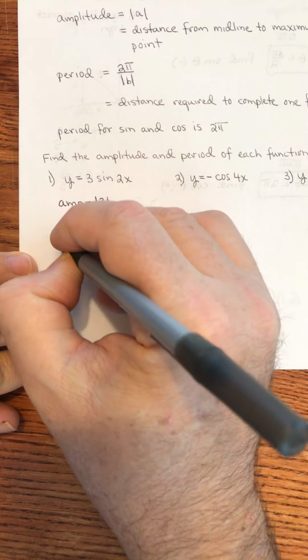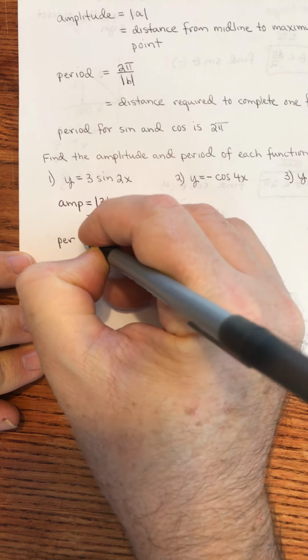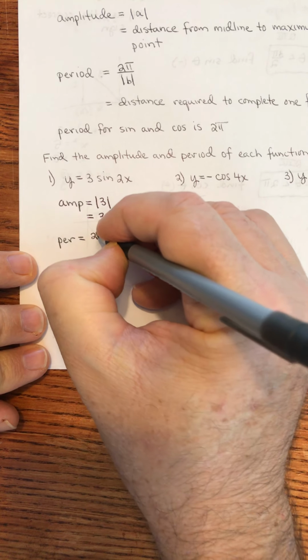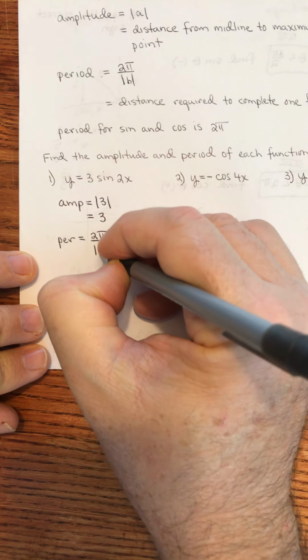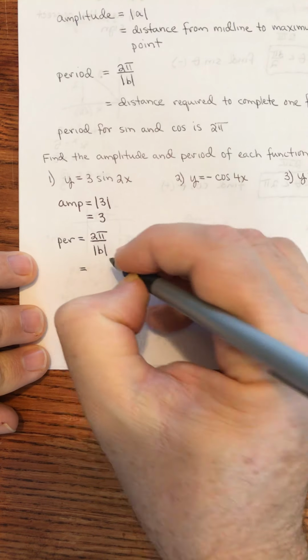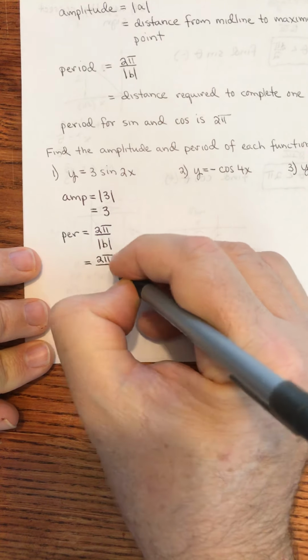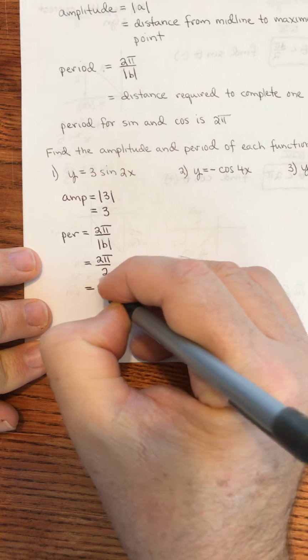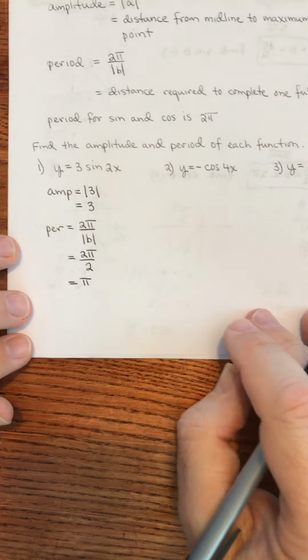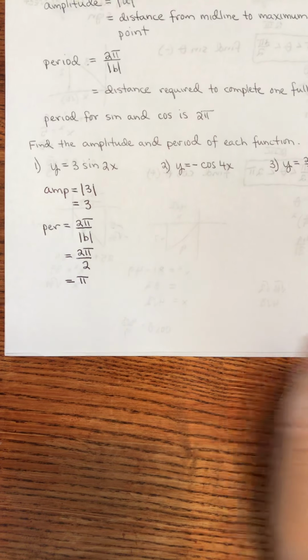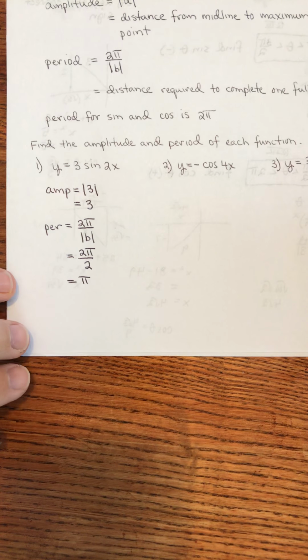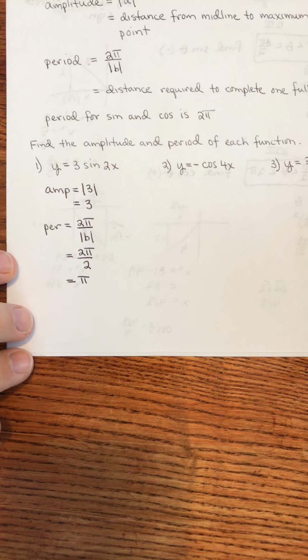And for the period, the formula is 2 pi divided by the absolute value of b. So all I need to do is replace the b in this problem with 2. So the period is pi. That means it'll finish an entire cycle or full circle by the time it reaches pi.